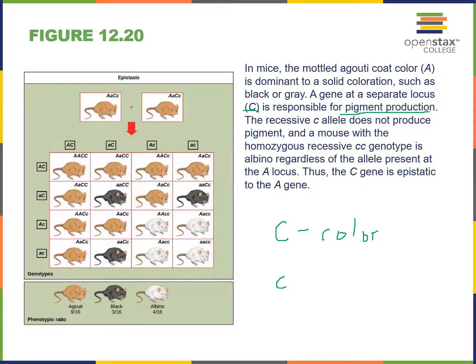But if it is homozygous recessive for the C gene, that means there's no color. With coat color and skin color, that is known as albino.